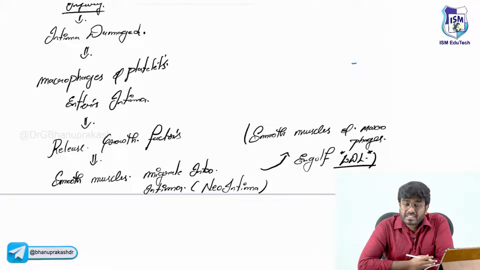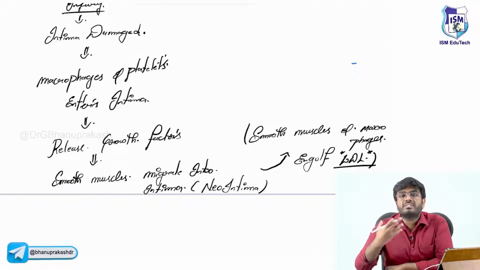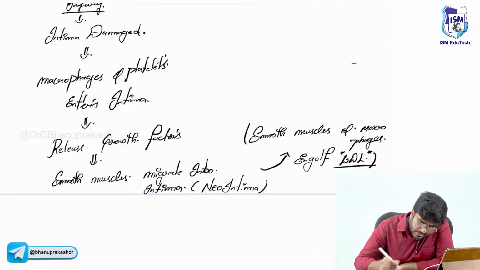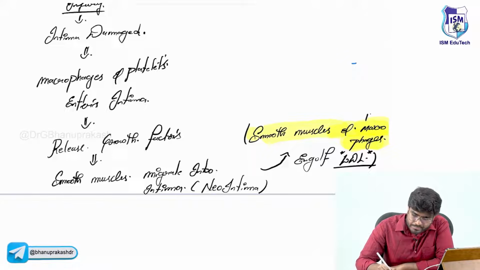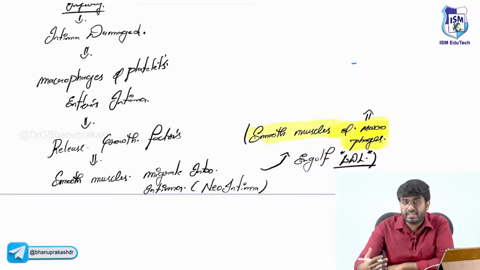This LDL is present inside the macrophages and inside the smooth muscles. Now these macrophages and smooth muscles which are loaded with the LDL cholesterol, oxidized LDL, are called foam cells.